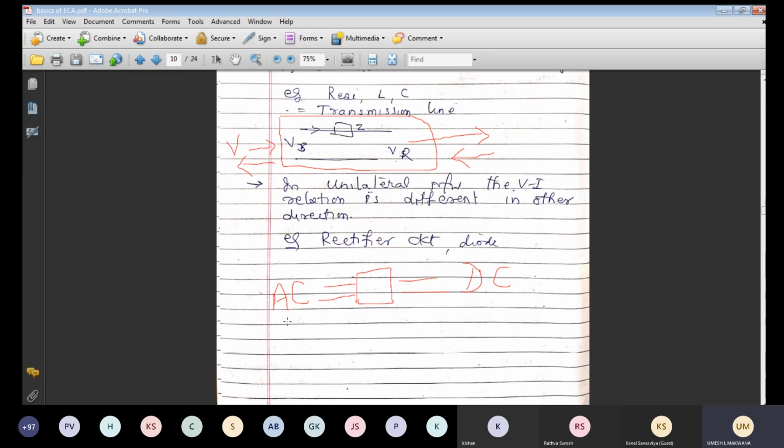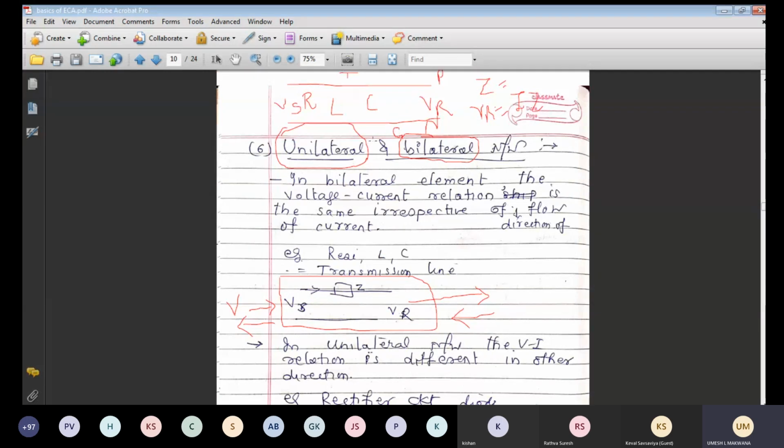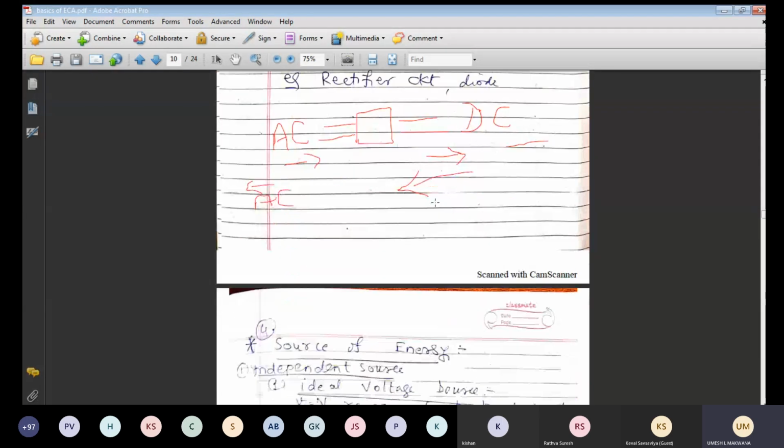Right, so I give input to this terminal and get output at this terminal, but the reverse is not possible. Suppose I give AC to this side, I'm not getting DC. Suppose I give DC to this side, the circuit will be damaged. So this circuit is known as a unilateral network. So we have two types of network, unilateral network and bilateral network.